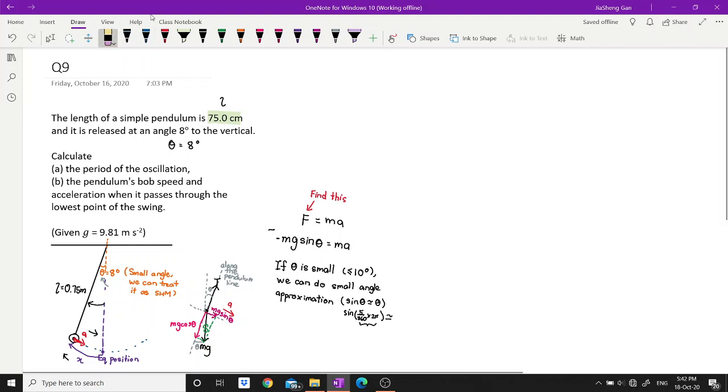The result of your calculation of sine will be quite similar to the angle itself, only if the angle is small. That's the idea behind small angle approximation. So we know that the angle is small.